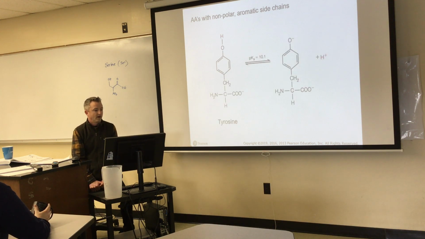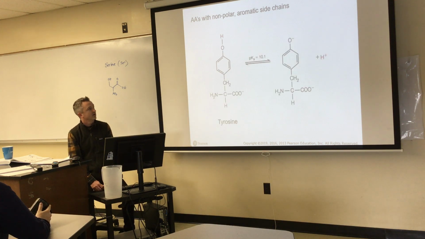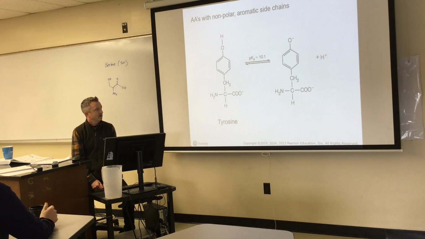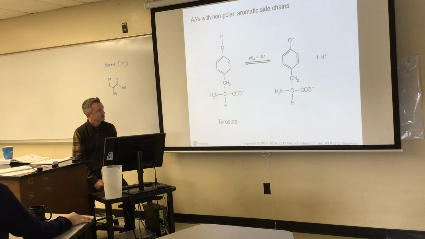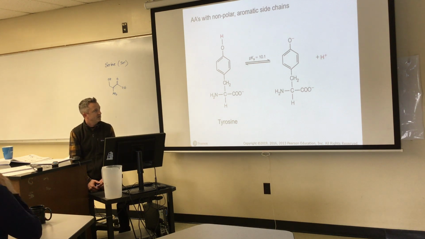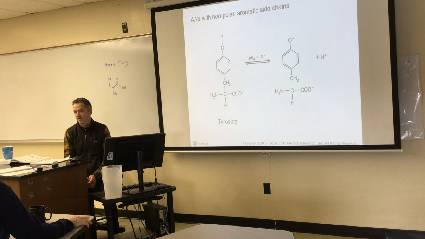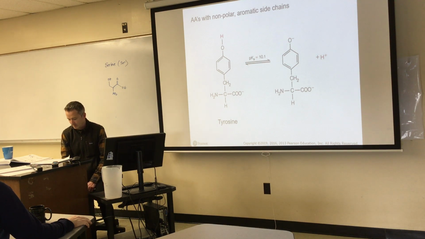Okay. Amino acids with nonpolar aromatic side chains. This is tyrosine. Tyrosine actually ionizes at a pretty high pH, and its pKa is 10.0, which you should know from organic chemistry because phenols have a pKa of around 10. That's right, okay?